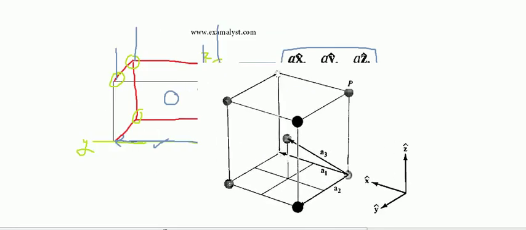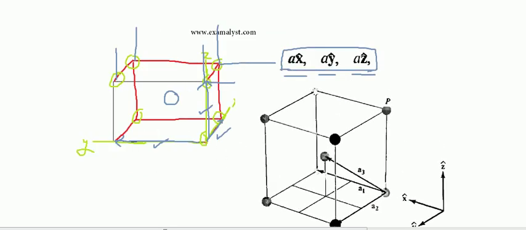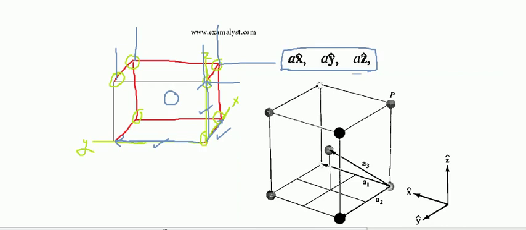Yes, this is the body centered lattice. As you can see, in the body centered lattice, a1, a2, and a3 are in other directions. For example, a1 and a2 are the same, but a3 is different.